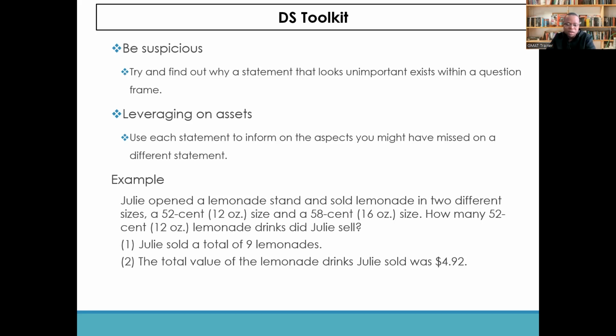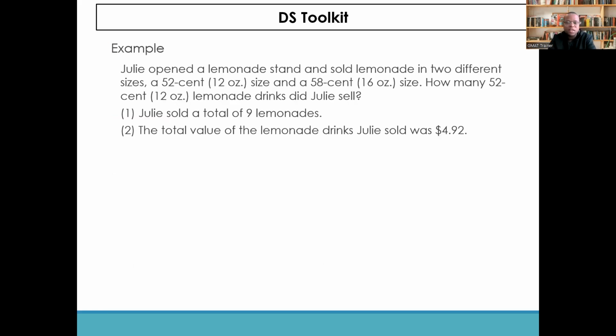So this is basically 300 ml and 500 ml sizes. How many 2-cent lemonade drinks did Julie sell? The first statement, she sold 9 lemonades. Second statement, total value of lemonade drinks sold was $4.92. So give this a shot.